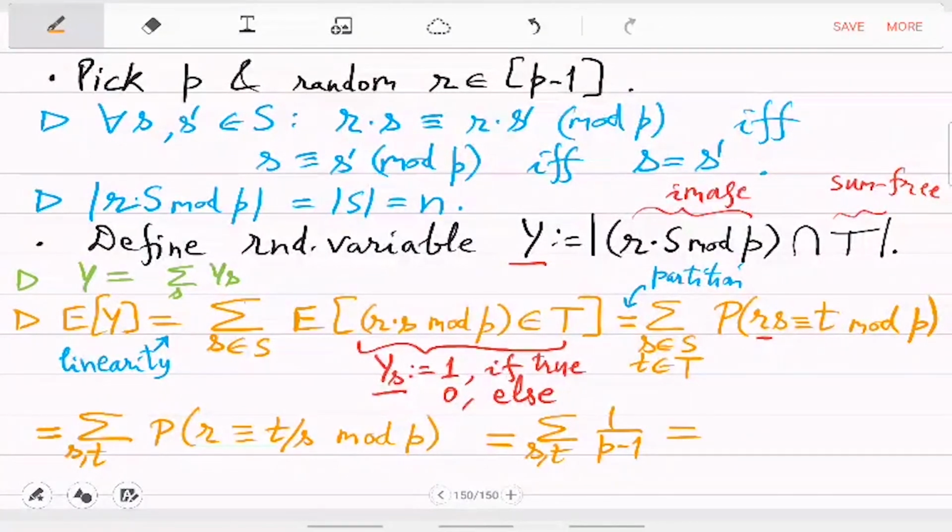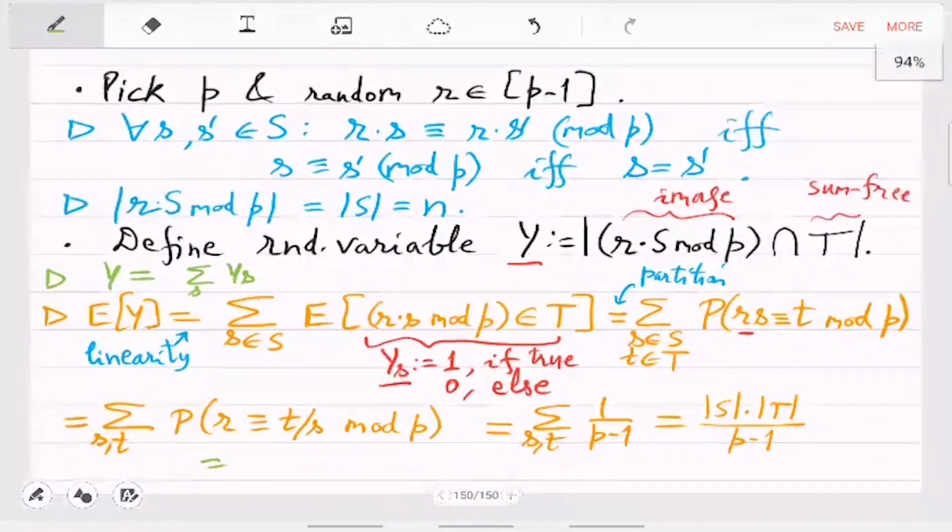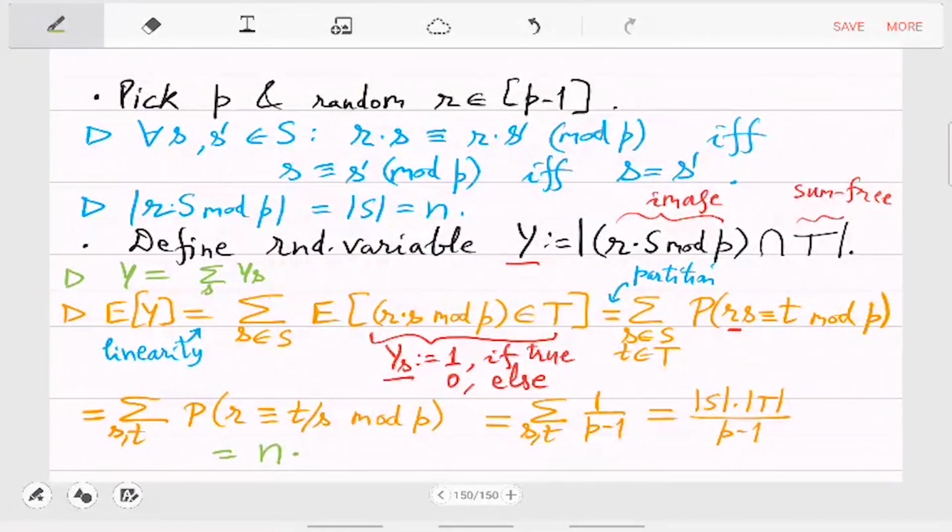That is size of S, size of T, over P minus 1, which is equal to n times size of T, which is K plus 1, over P minus 1, which is 3K plus 1. So that is more than n by 3.